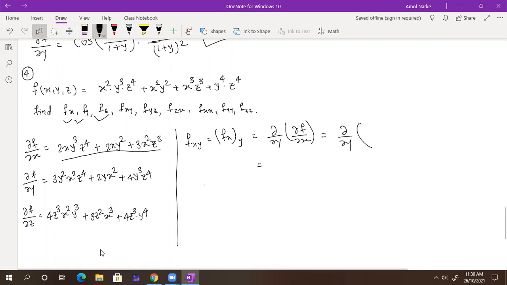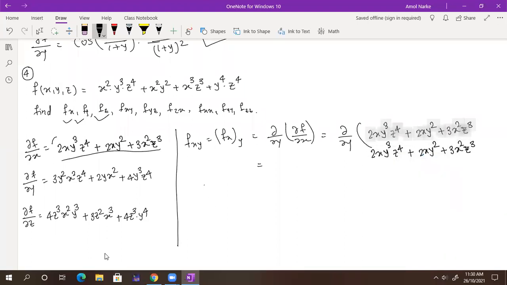We can write down. Sir, the answer would be 6xy²z⁴ plus 4xy.